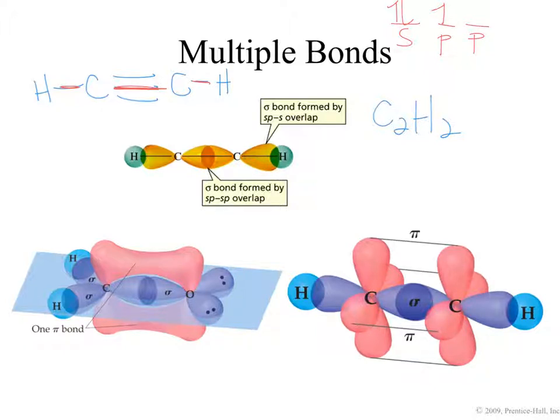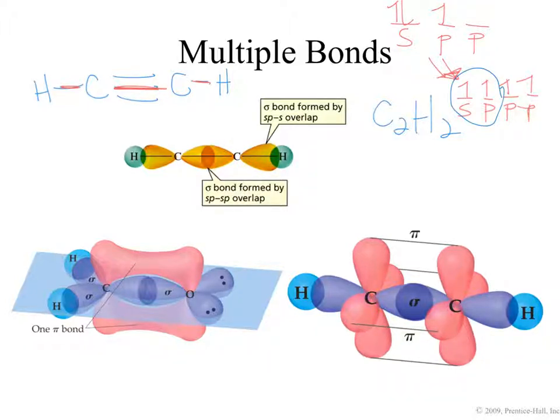In this case, it promoted its s electron, so it had 4 electrons capable of bonding, but the ones that are making this bond are these that I'm circling in blue.